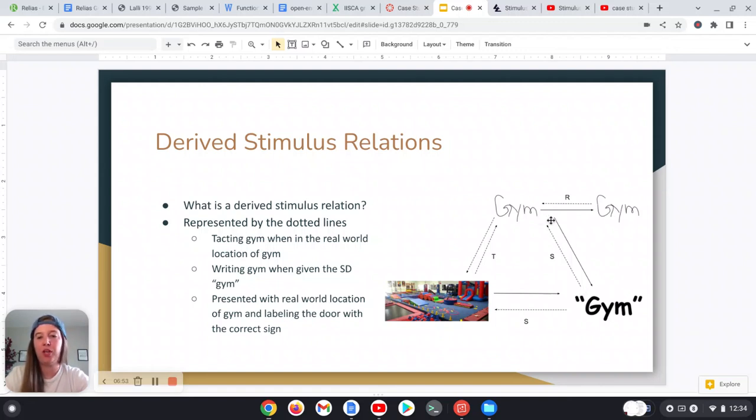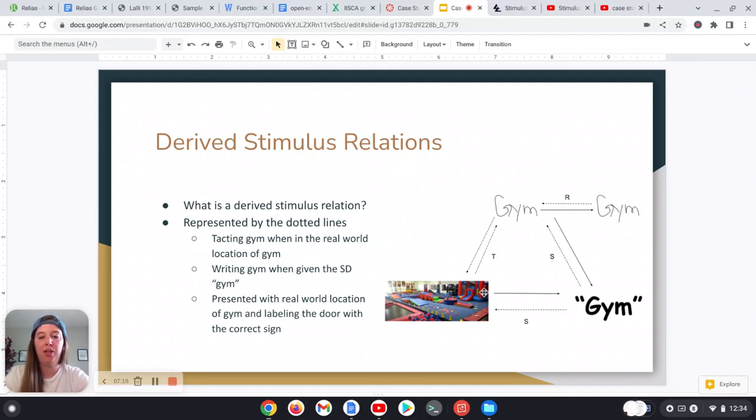For symmetry, if we taught just A equals B, and then he also made the connection that B equals A, now that would be something we didn't teach, but that was derived. Same thing down here. We taught him that the real world location of a gym equals gym. If he also understood that when someone said gym, that means the real world location of a gym, that would be symmetry.